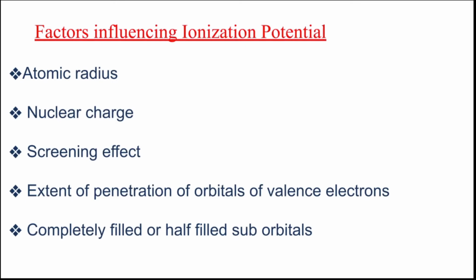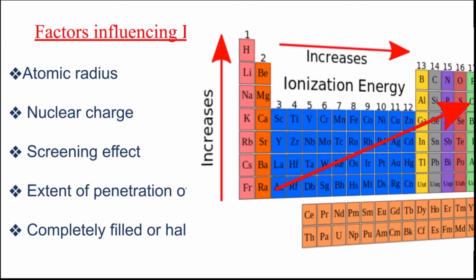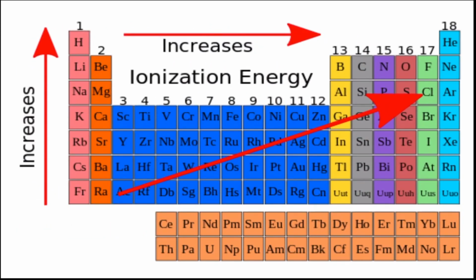One is atomic radius, another one is nuclear charge, then we have screening effect, extent of penetration of orbitals of valence electrons, and completely filled or half-filled suborbitals. These arrow marks represent the trend in the ionization energy.